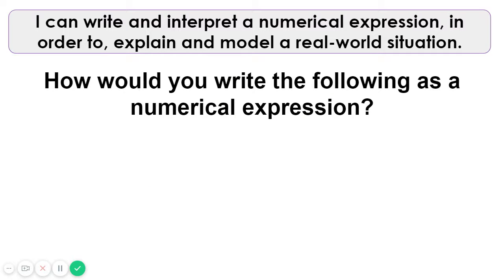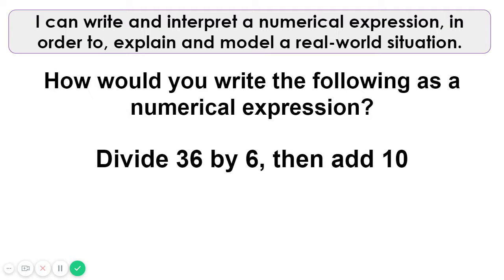How would I write the following as a numerical expression? So I'm going to see words, and I need to turn those words into a number sentence. It says divide 36 by 6, then add 10. So I need to remember my order of operations, and that will be the way that I put my numbers in order.